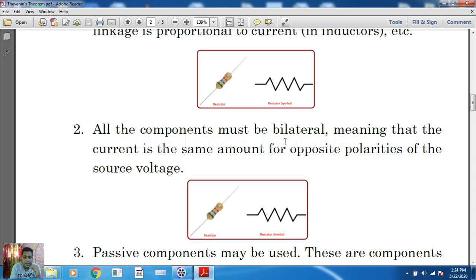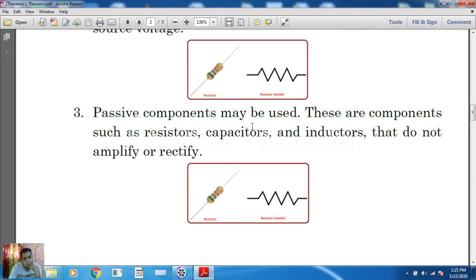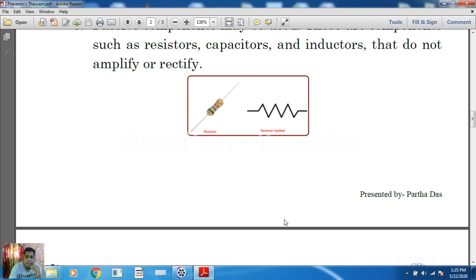According to the potential, current can flow through the element in both directions. An element through which current can flow in both directions is known as a bilateral element. A circuit which contains bilateral elements is a bilateral circuit, and as per the theorem, this theorem can be applied where a bilateral circuit is there. In one word, bilateral means current can flow in both directions. Passive components may be used: resistor, inductor, capacitor are passive components.